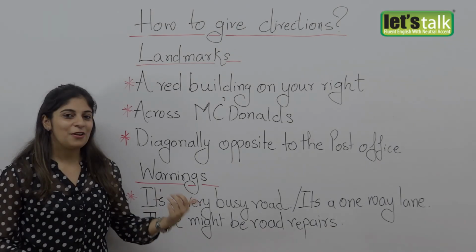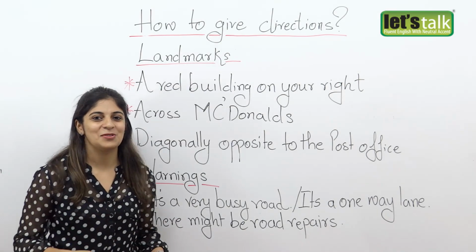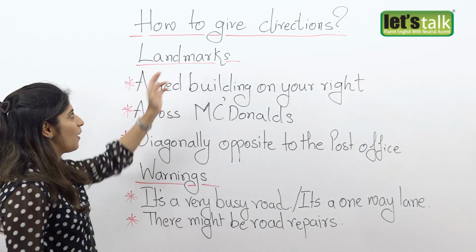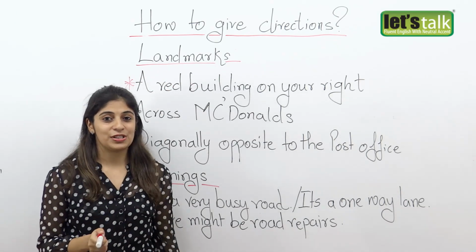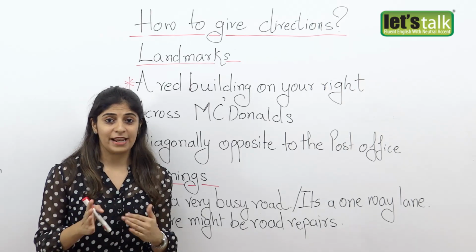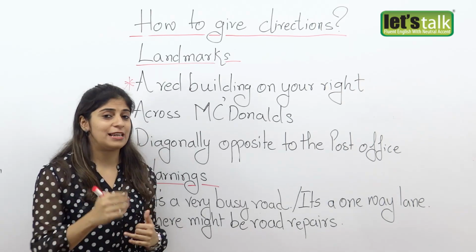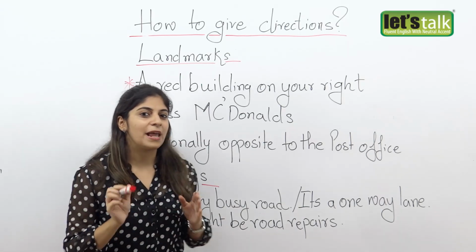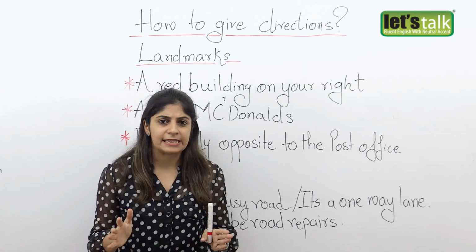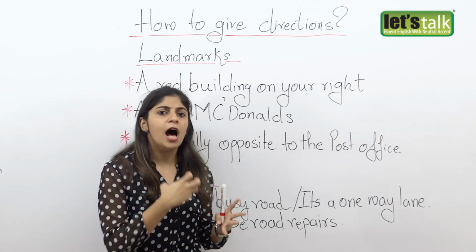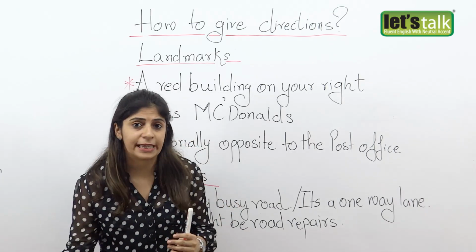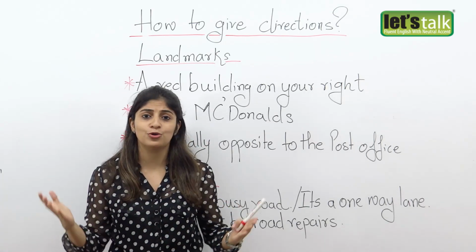Now here are some more things that would help you to give directions in a better way. We see here landmarks. Use landmarks that would give a better idea and help the person get to their destination. So what are landmarks? Landmarks are basically famous places, for example, a movie theater or McDonald's or a commercial building, which is commonly known to everybody.